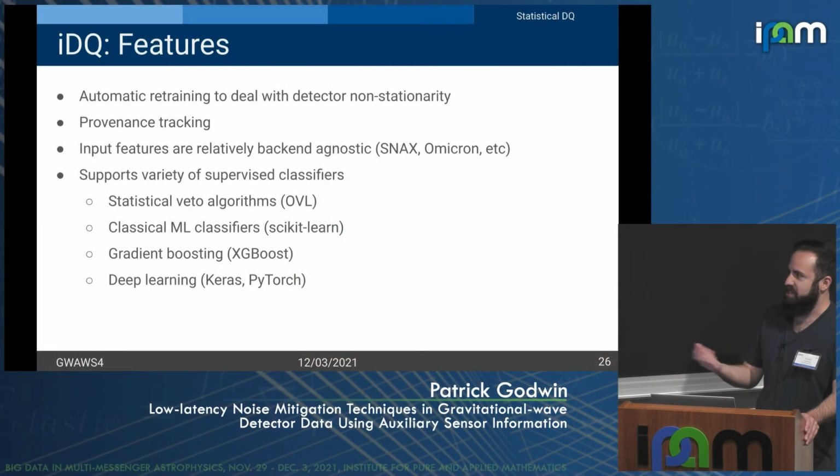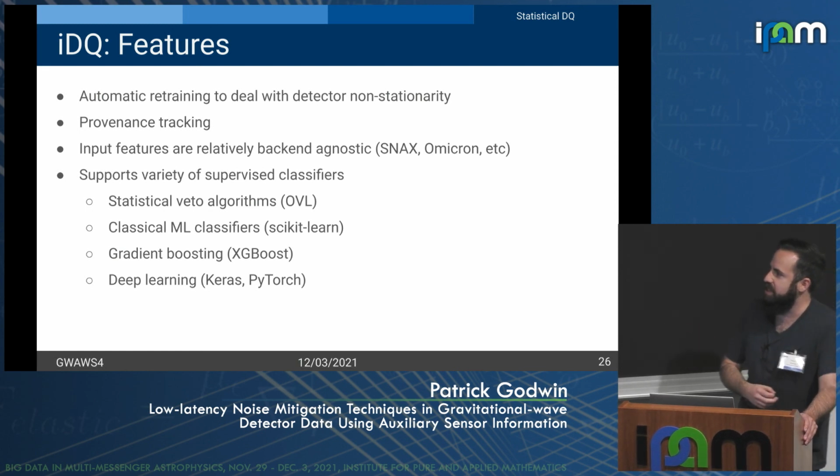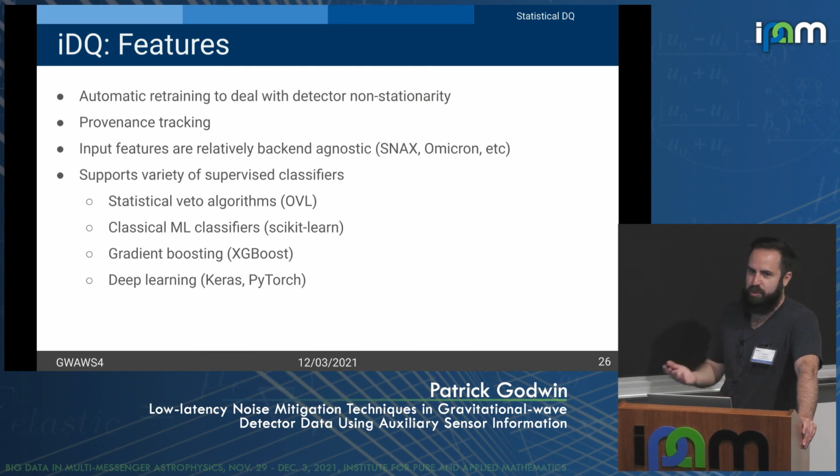And then finally, I didn't specify exactly which features are here. They're relatively back-end agnostic. So for example, the Synapse tool I talked about earlier, some of you may be familiar with Omicron, but in practice, it could really be anything as long as they're discrete triggers that are used to feed into this analysis. And finally, it supports a variety of supervised classifiers. First off, it was designed for these statistical veto algorithms, this ordered veto list, or some may know HVeto or things like that.